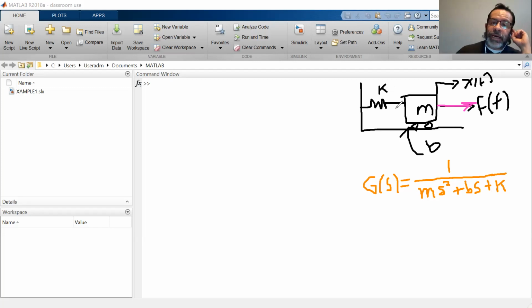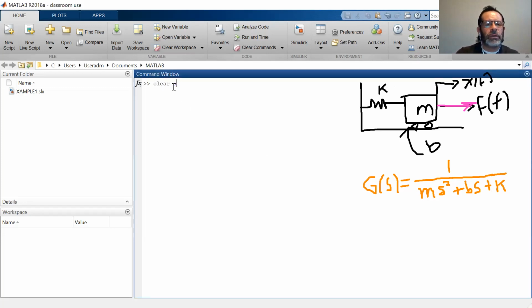So let's see how we can use MATLAB to define that. For the purpose of the example, I think I had already done a clear all. I'm going to say that the mass is going to be equal to 1. B is also going to be equal to 1, and K is going to be equal to 1.